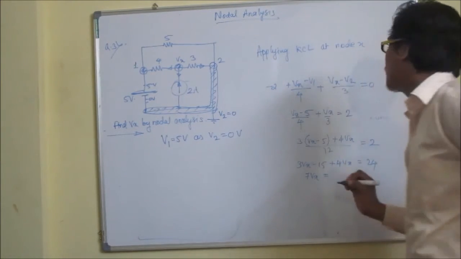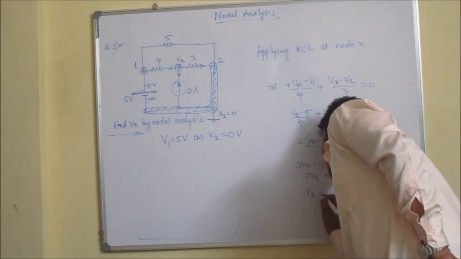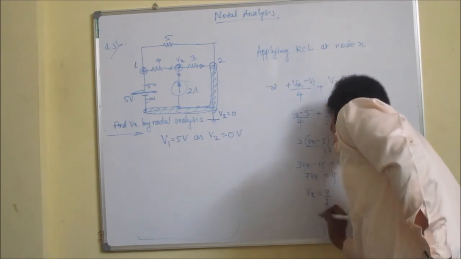What is 24 minus 15? It is 9. Vx is equal to 9 by 7.